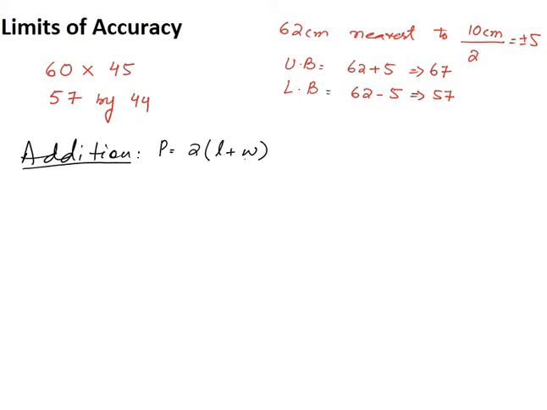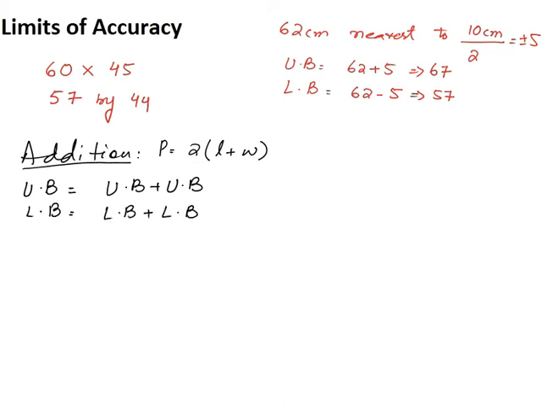So here we have a condition of addition. When we have a condition of addition, if we are finding the upper bound of the perimeter, we will take the upper bound of both values. And similarly, if we are finding the lower bound, then we will take the lower bound of both values.